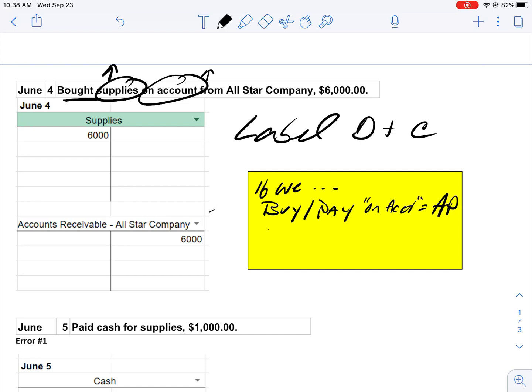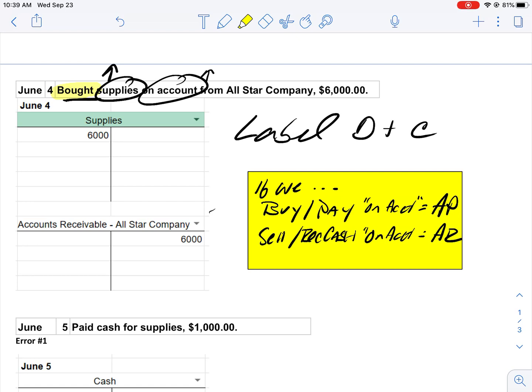If we sell and receive cash on account, that's going to be accounts receivable. So if you take a look at this one, what did we do? We bought on account, and that should help you answer that.